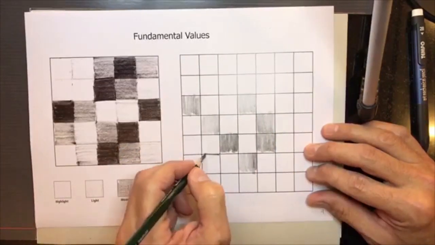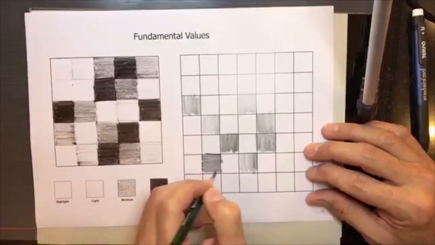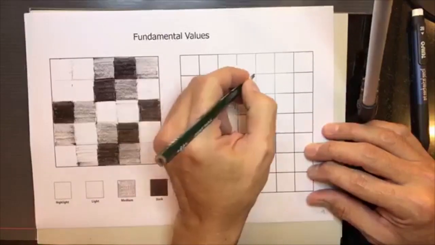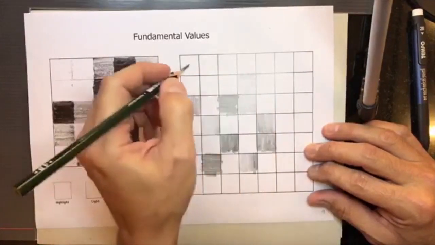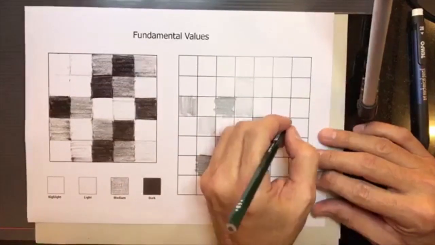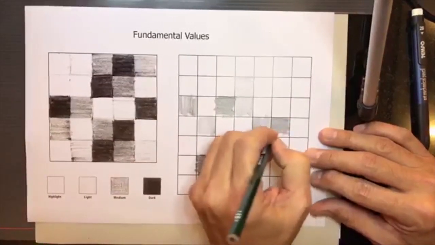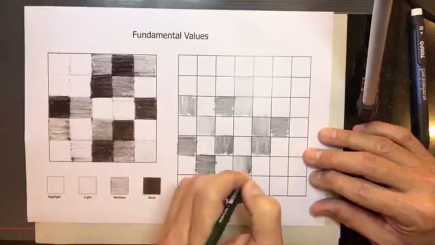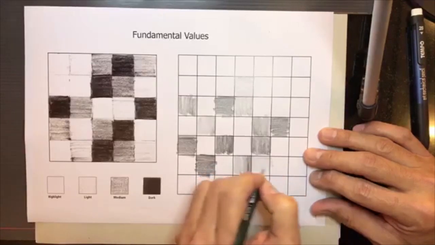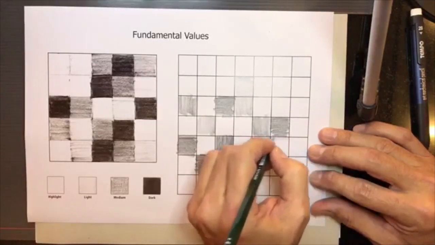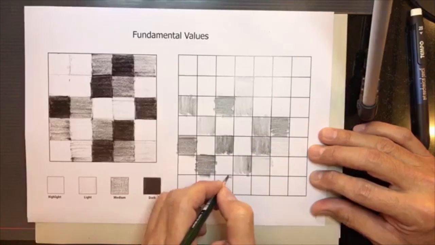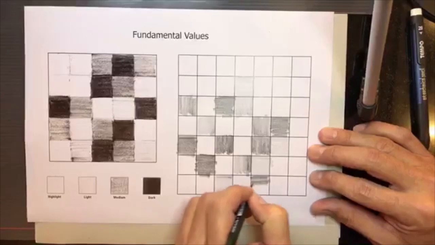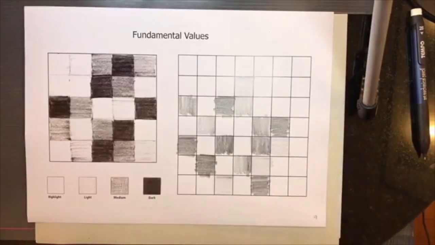Or can use this like this. This way we can practice how to draw the different tone in one picture. Something like this for the example.